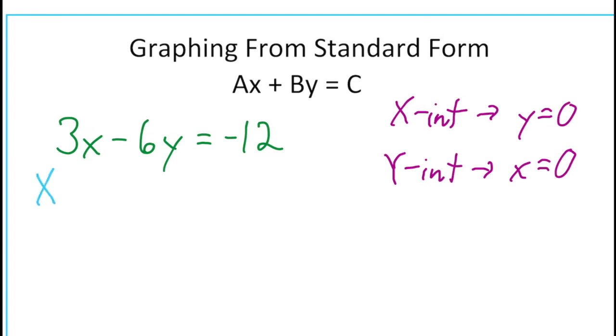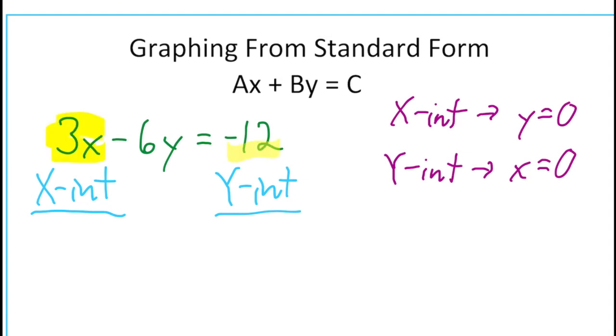So we want to find the x-intercept, y-intercept. So x-intercept, if I wanted to, I could write 3x minus 6 times 0 equals negative 12. But I'm going to focus on just this and this, because I know that that negative 6 times 0 would just go away.